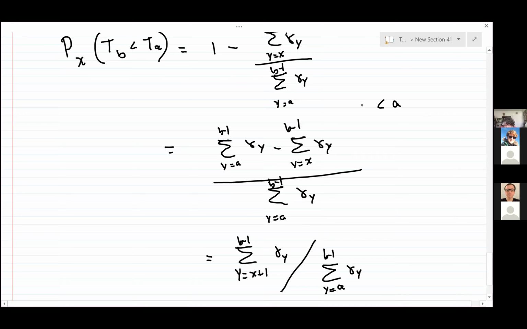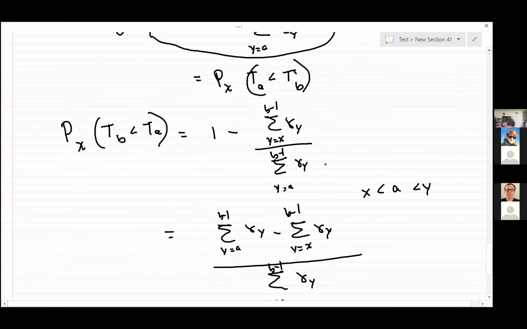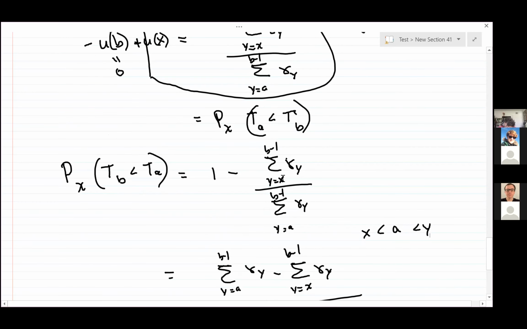A is between X and Y. So this one, this is the bigger term.